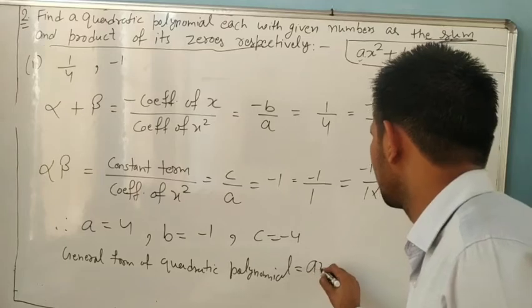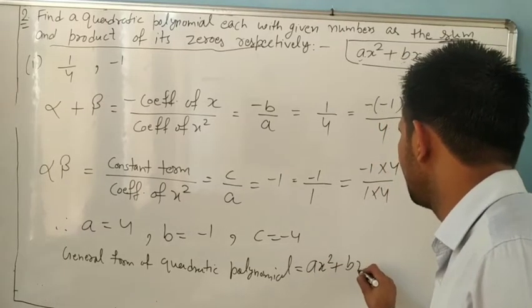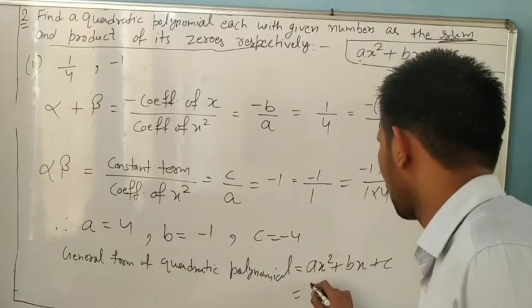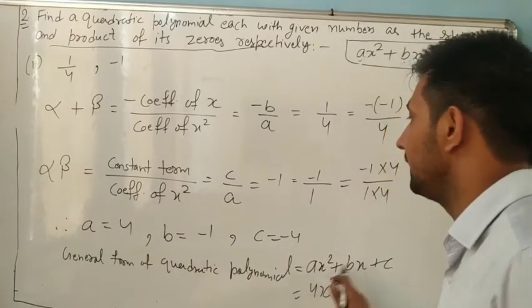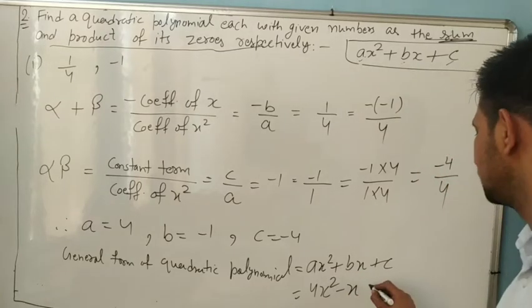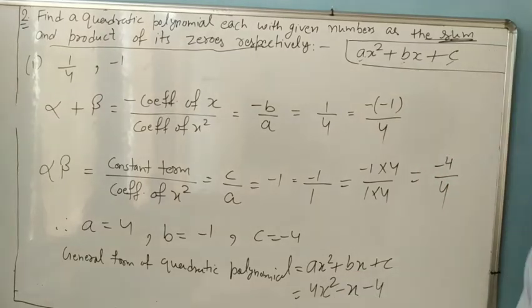Ax square plus bx plus c. So a is 4x square, b is minus 1x, plus c minus 4. It is your answer. Understand?